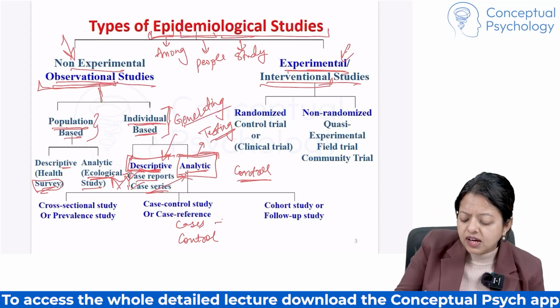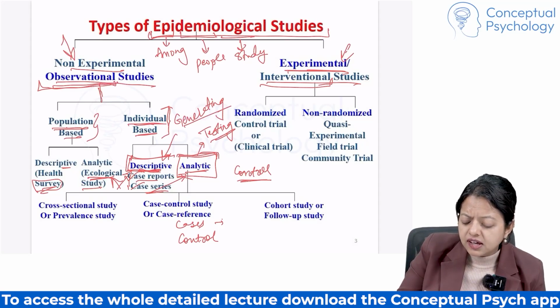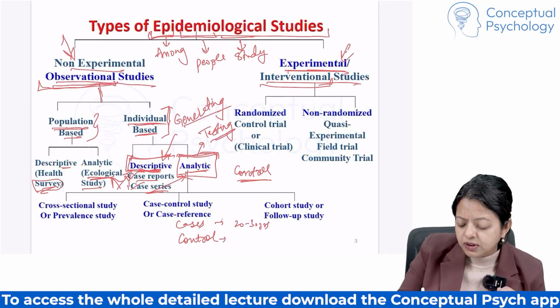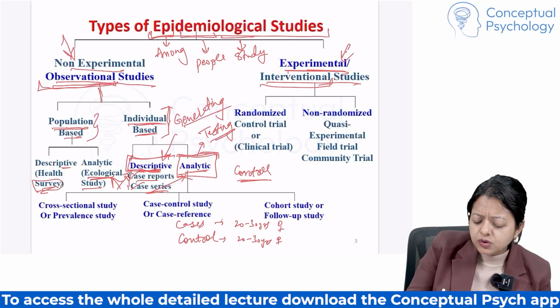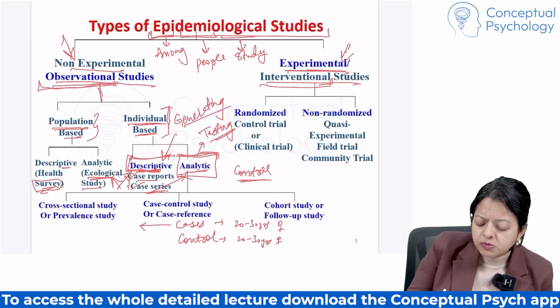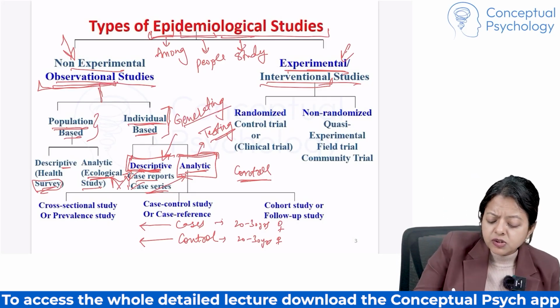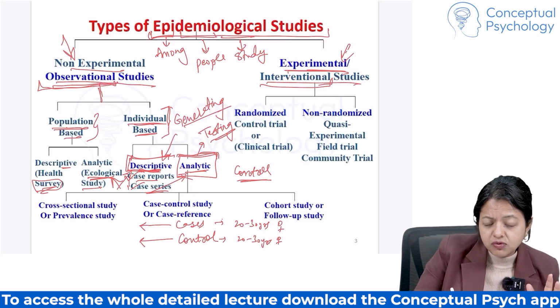Let us say we have taken the people who have been diagnosed with depression, in the age group of 20 to 30 years, and we have taken people who do not have depression but are also in the 20 to 30 years age group, and all females. And so we go retrospectively and find out whether they have been exposed to the risk factor which we are trying to study.